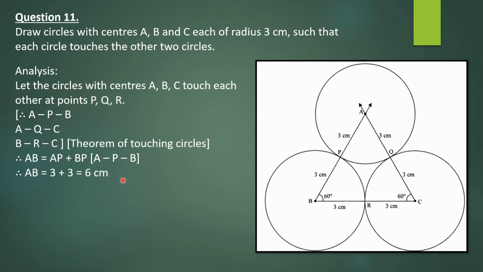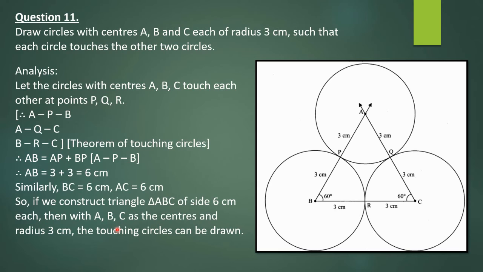And AP and PB are 3 centimeters, so we'll substitute it. So AB will be 3 plus 3, which is 6 centimeters. Similarly, BC and AC will be 6 centimeters. So if we construct triangle ABC with sides of 6 centimeters each, then with A, B and C as the centers and radius 3 centimeters, the touching circles can be drawn.